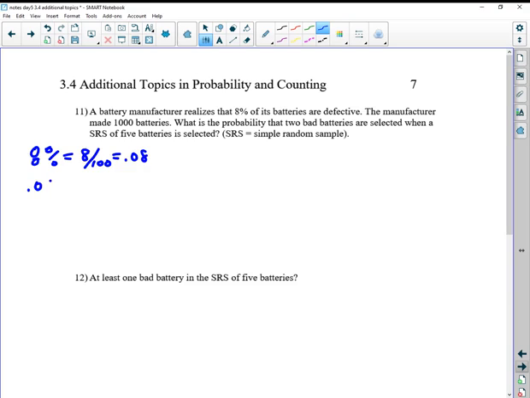So 0.08 times the number of batteries, we see that there are 80 bad batteries. So out of our 1,000 batteries, we have 80 bad. We have 920 that are good. That's a B right there.